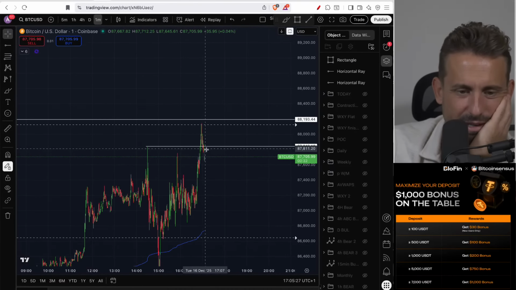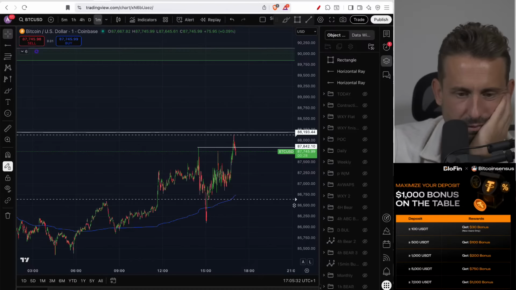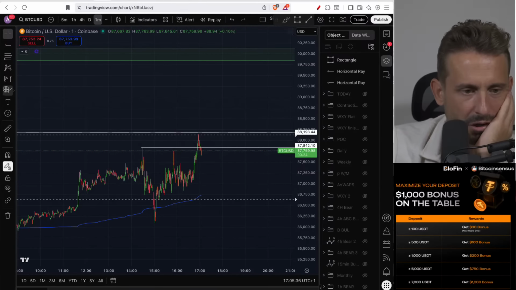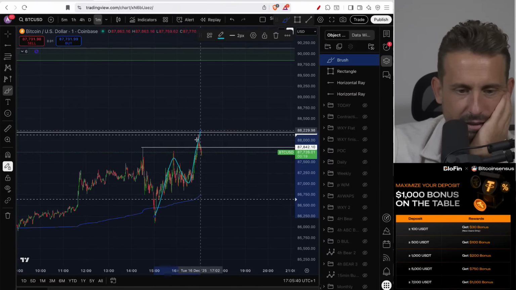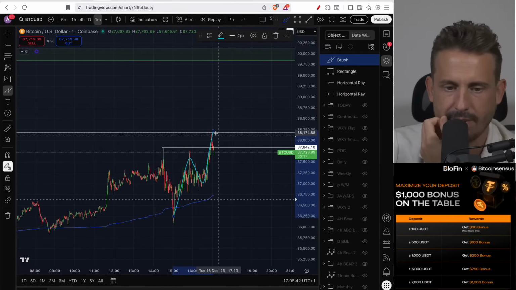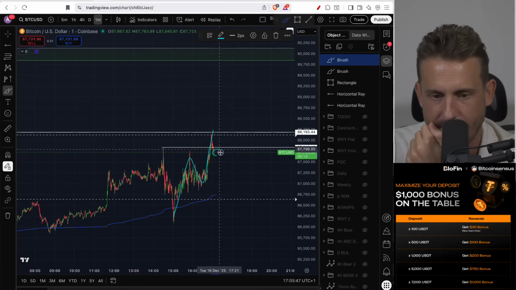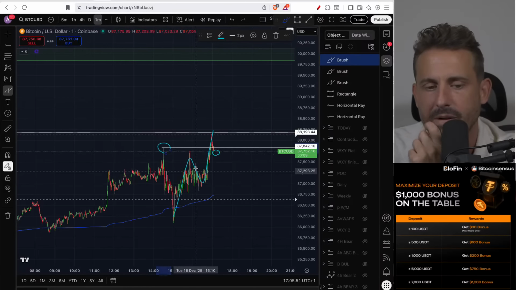This entry right now, I'm not liking it. Not liking this 3-wave move up to get into a short here right now. Where are we at as an SFP? I don't like it.